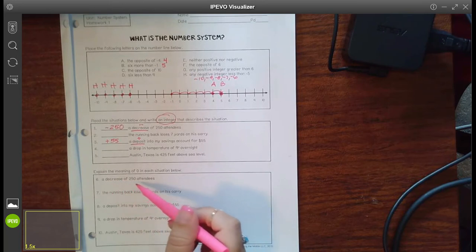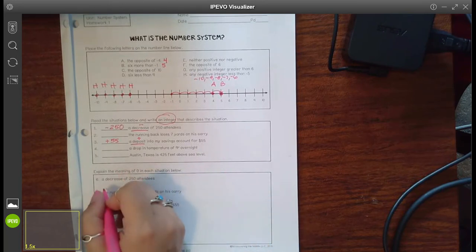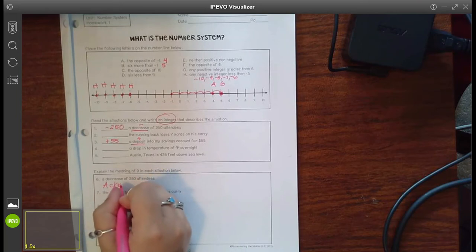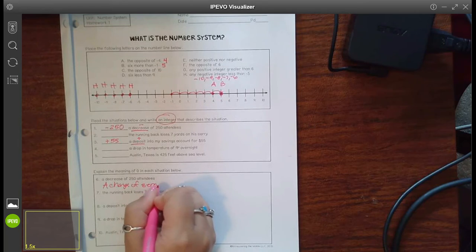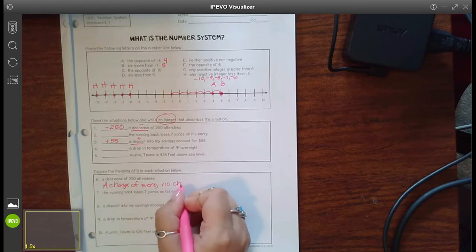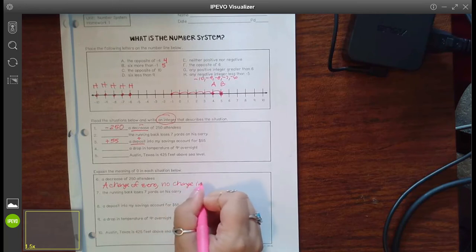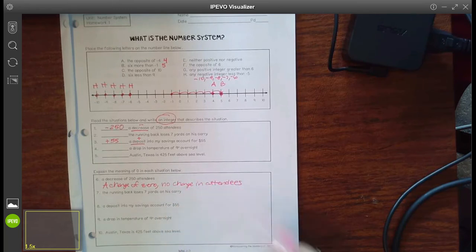So if you're talking about a decrease of 250 attendees, what would a decrease in 0 have been? Well, a change of 0 in this particular situation would be no change in attendees. So there wouldn't be any more or any less people coming. That would be a change of 0.